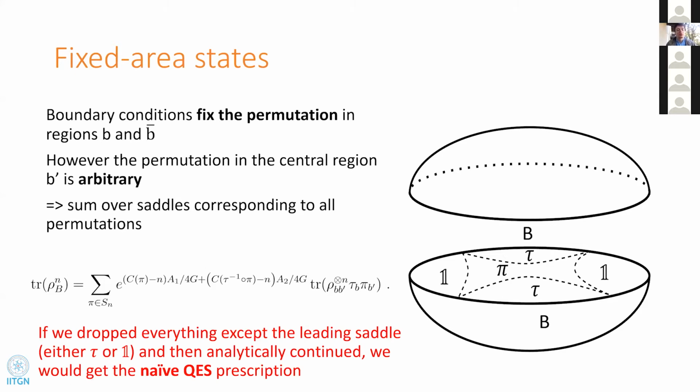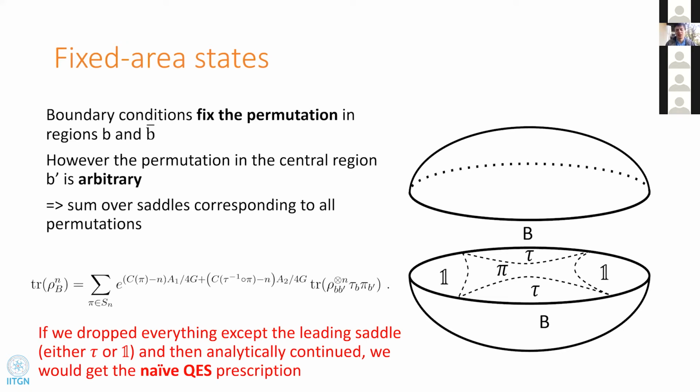In general, this sum over saddles will either be dominated by the permutation tau or just the identity permutation. If we drop everything except for one of those two permutations and then analytically continue this answer, then we end up getting the naive quantum extremal surface prescription. Okay, that's the standard Lewkowycz-Maldacena-style derivation.